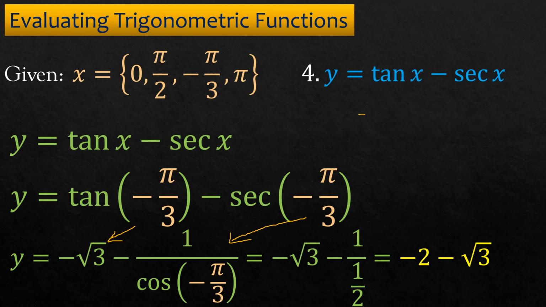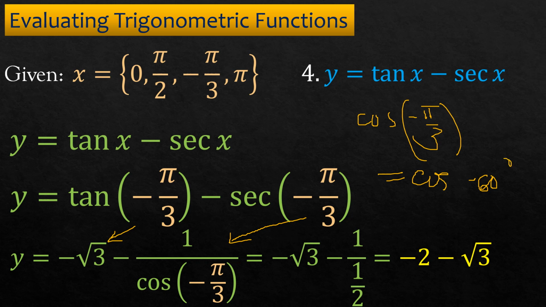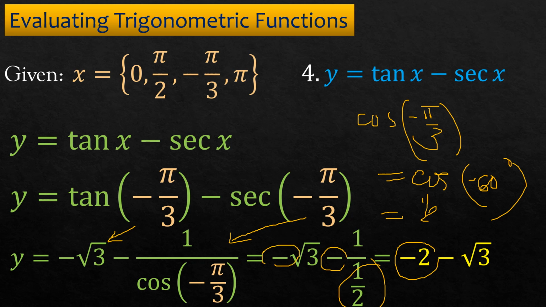Because remember that cosine negative pi over 3 is also equal to cosine negative 60 degrees, and that is equal to 1/2. The reciprocal of 1/2 is 2. So because of the negative sign here, it will become negative 2, carrying the sign, negative square root of 3. So the final answer is negative 2 minus square root of 3.